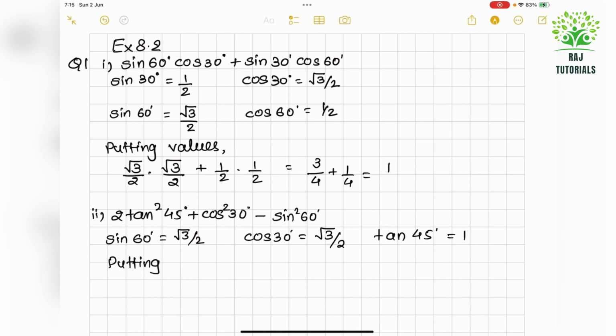So putting values, 2 into 1 square plus cos 30 is root 3 by 2, so root 3 by 2 whole square minus root 3 by 2 whole square. So these both get cancelled, so answer is 2.